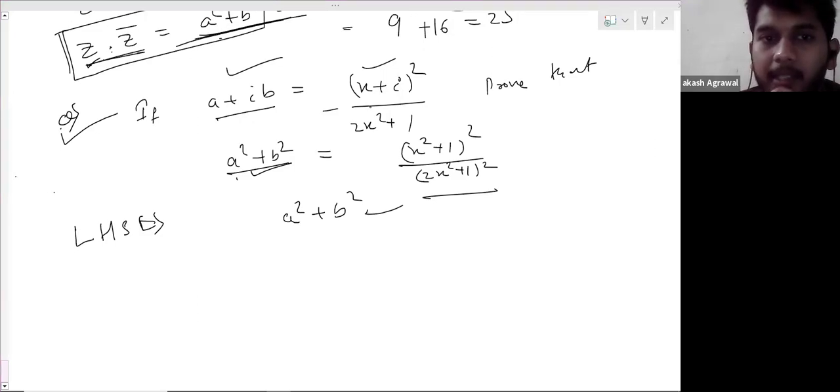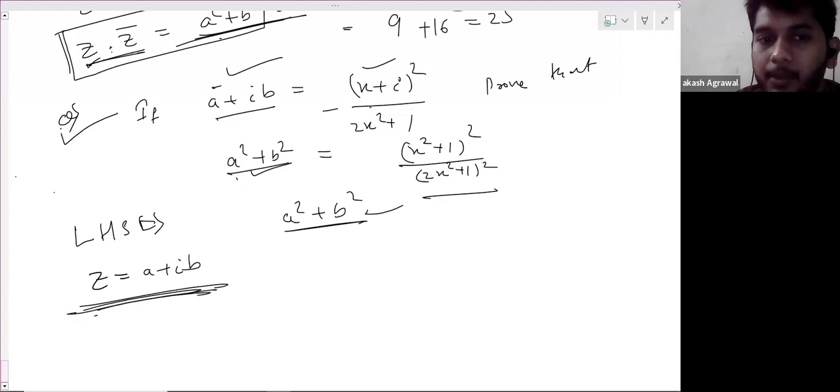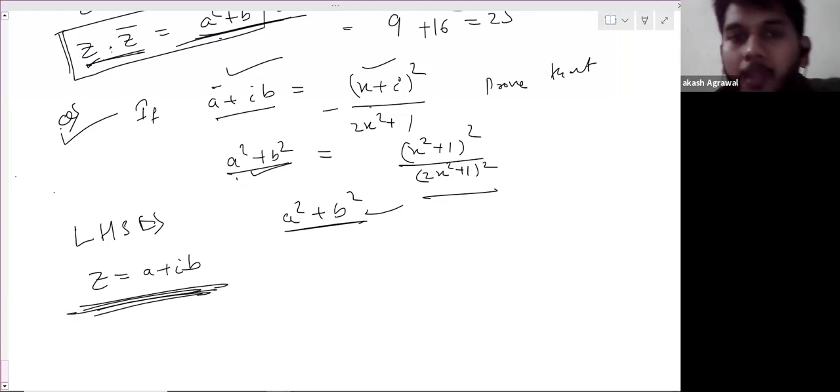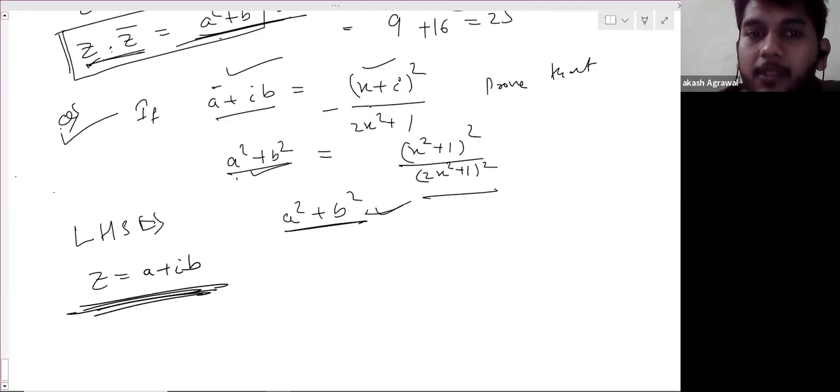Suppose I take this data, z is equal to a plus ib. How can I reach a square plus b square from this data? I told you the property a few seconds before.